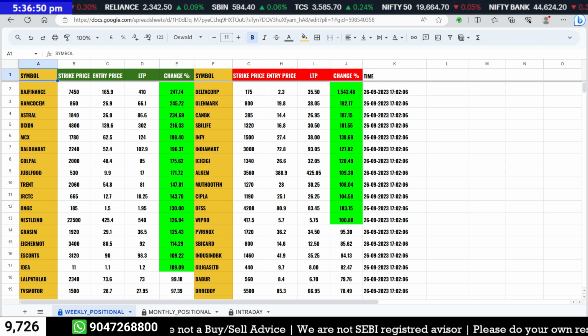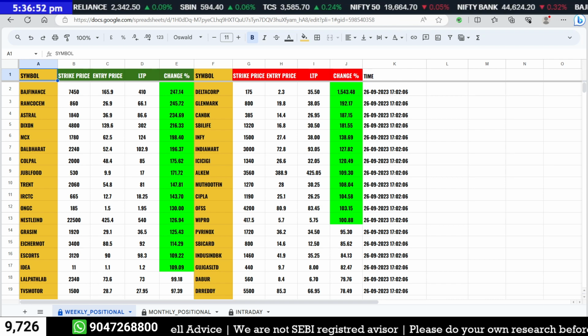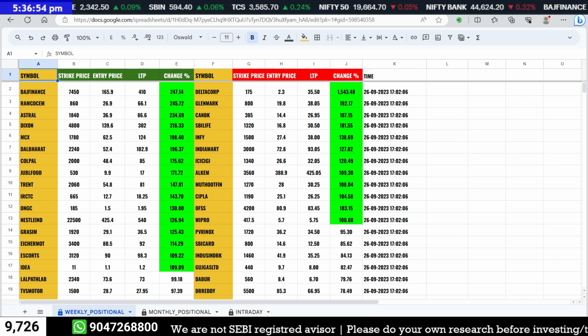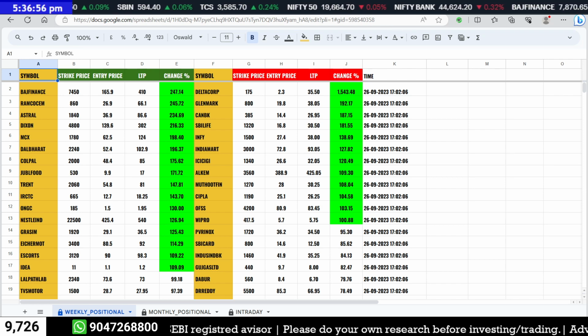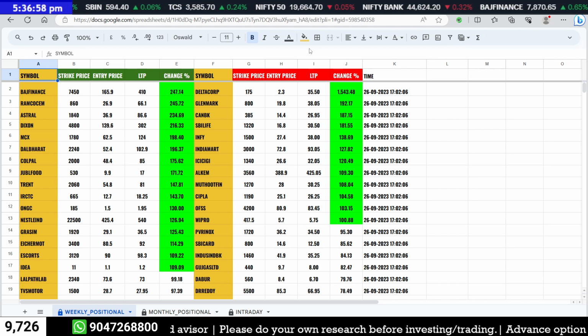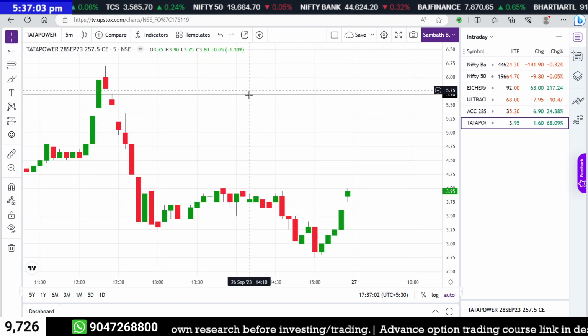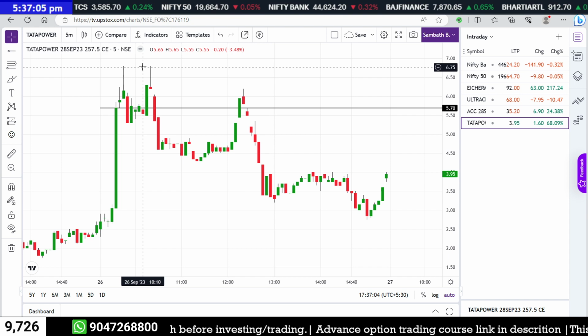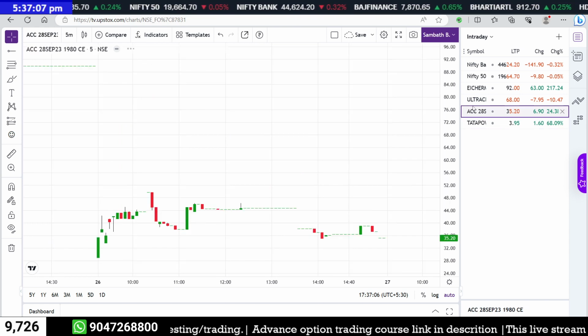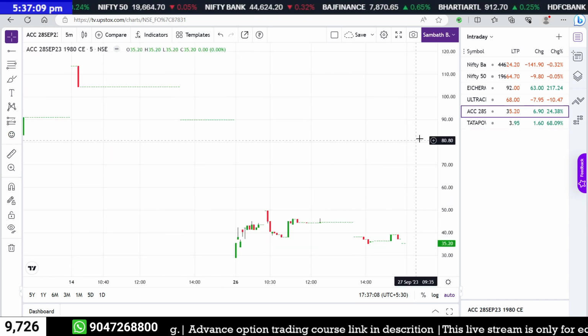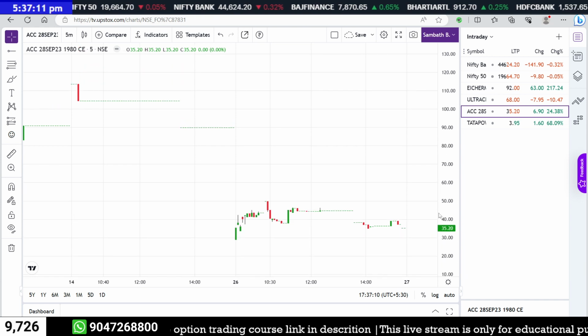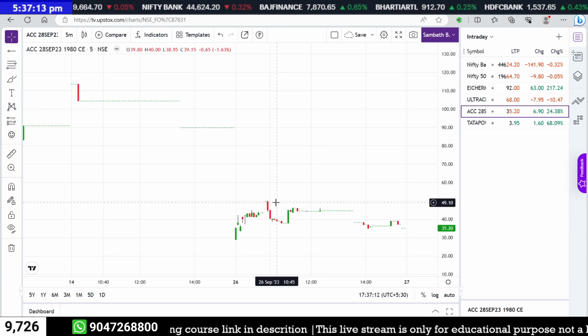A lot of opportunity happened after 9:30. Like on the put side of Canara Bank, Infosys and ICICI General Insurance, which we were looking at in the morning. The trade selected in the live session generated 1 rupee immediately after the breakout. ACC, which we were looking at around the 40 level, went up to 47, near about 49.